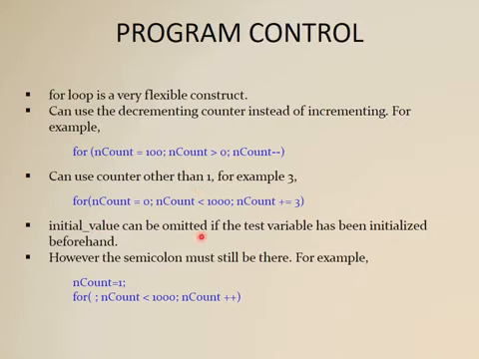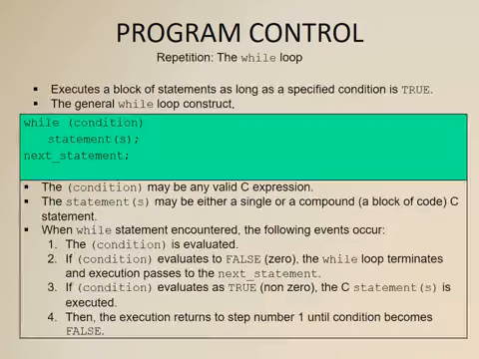The initial value can be omitted if the test variable has been initialized before, so we can have just the semicolon, and go forward to the condition and increment or decrement. This is how we can also write it. We can also skip the increment or decrement or the condition checking. If we want, we can skip all three and have only the semicolons, that is, we can write a blank for loop as well.